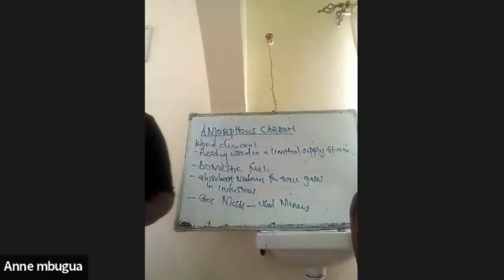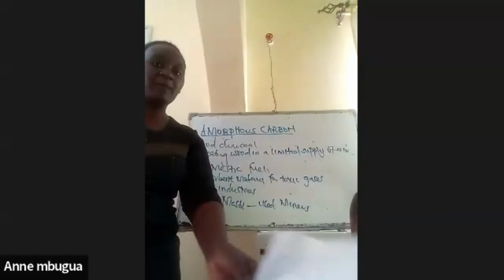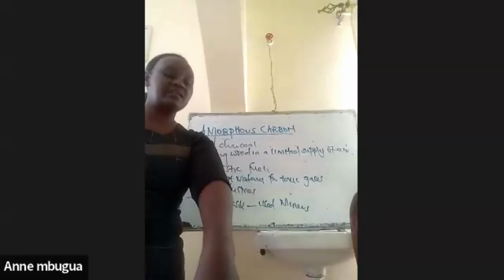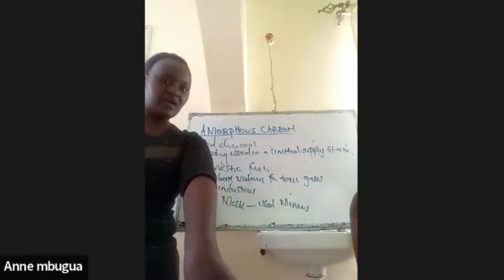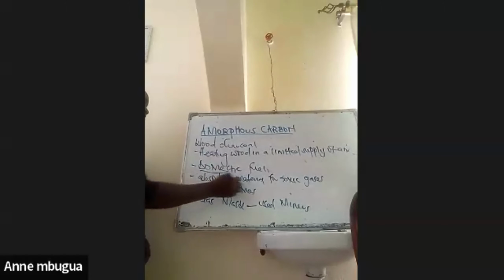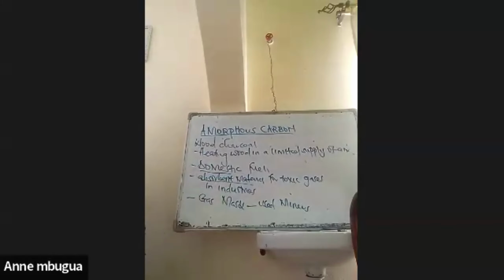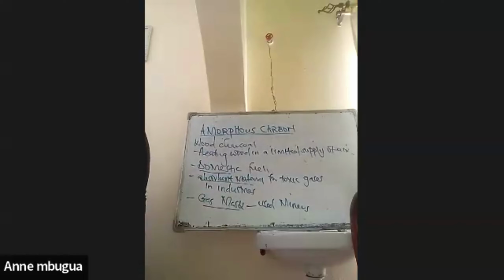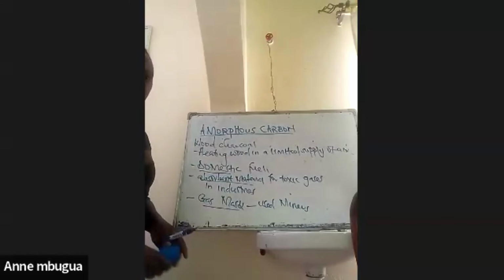The charcoal is an amorphous form of carbon made by heating wood in limited supply of air and has various uses: domestic fuel, absorbent material for toxic gases in industries, and gas masks, which are used by miners.